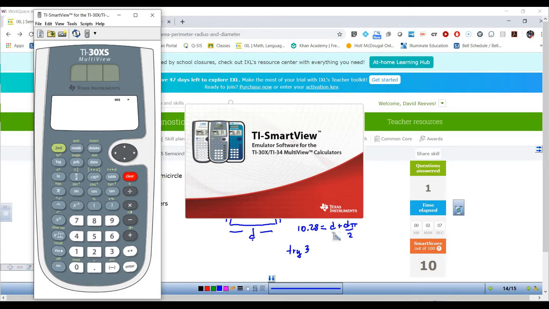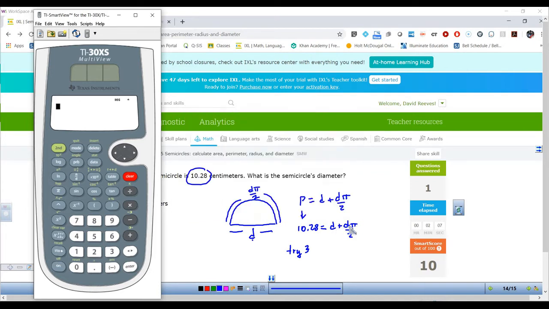Okay, so now what do I want to do? I want to do 3 plus 3 times pi over 2. So I'm going to go 3 plus, and then I'm going to put parentheses here because I'm going to do 3 times 3.14, remember, we're supposed to use 3.14 for pi. I'm doing this part right here, and then divided by 2.